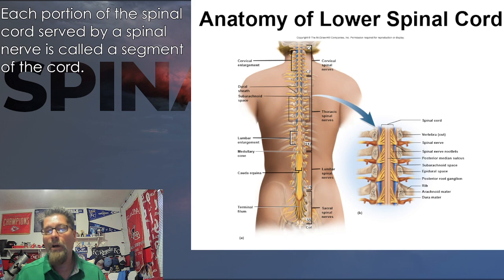Alright, so again, this is what we've just kind of seen, but what we want to talk about here is the idea of the 31 spinal nerves that are branching out. Now when you look at the tall picture, you see those individual yellows. Those are the 31 spinal nerves that branch out.